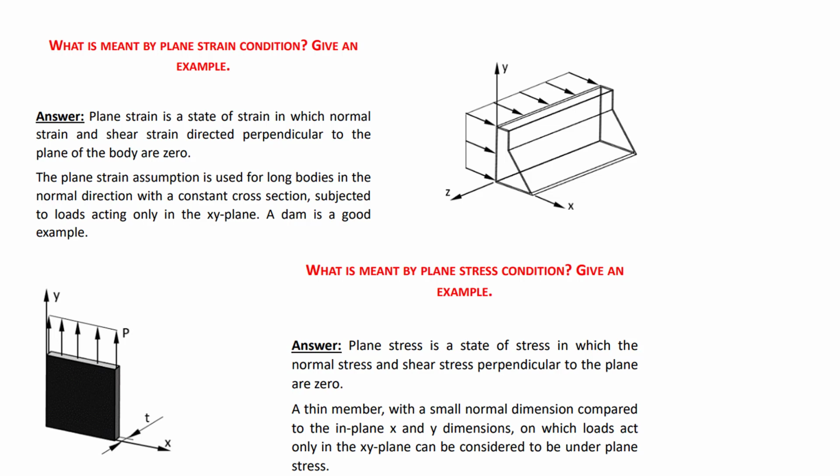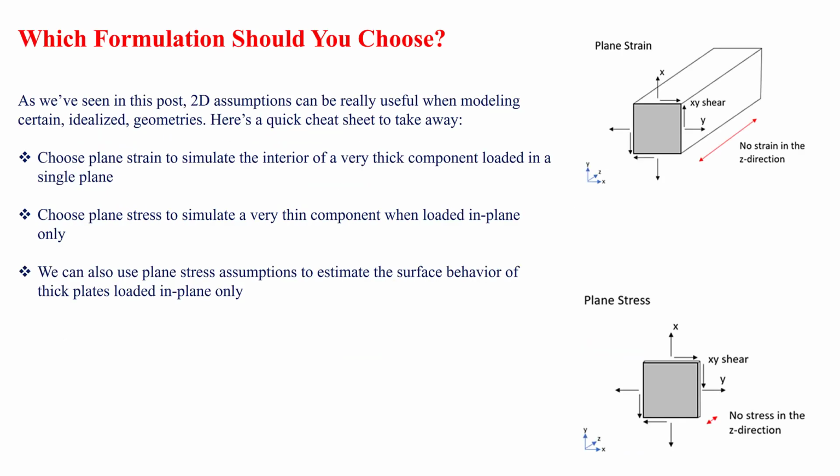To summarize, I'd like to add these points. If you want to choose plane stress to simulate the interior of a very thick component loaded in a single plane, you can see the image there. If you are considering the dam, we're just going to consider the strain along the z direction.